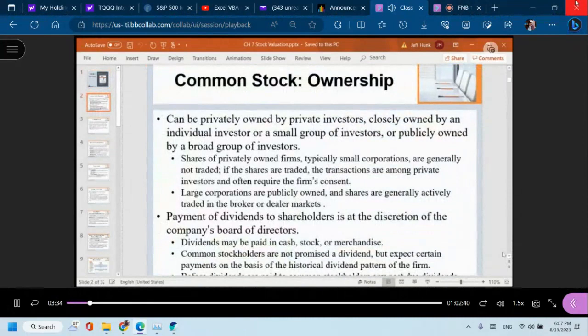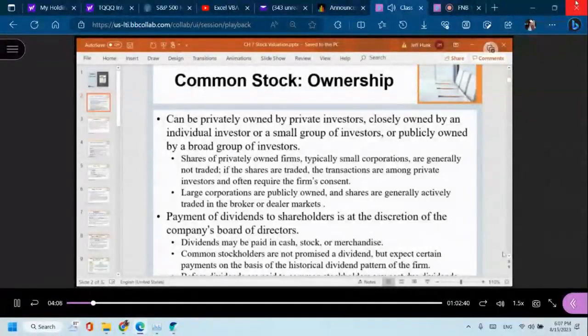So let's make first of all a very basic distinction. When we say stocks, there are two types of stock: common stock and preferred stock. Now, stock is also called that because, remember from the financial statements, specifically the balance sheet, the balance sheet is representing the capital structure.